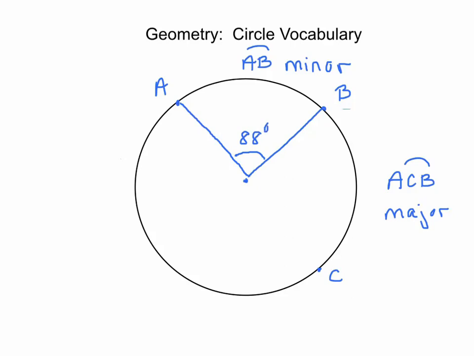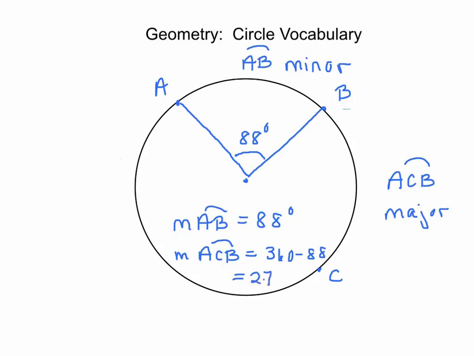If that central angle is 88 degrees, that means that this arc from A to B is also 88 degrees. We could write that this way: the measure of arc AB is 88 degrees. And of course that means that the measure of arc ACB, the major arc, must be 360 minus 88, which is 272 degrees.